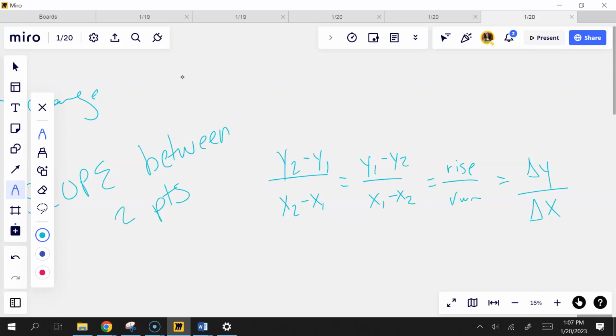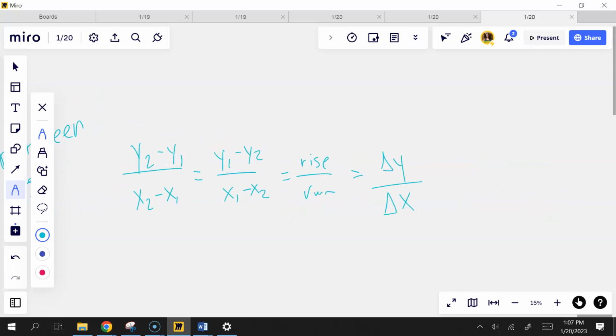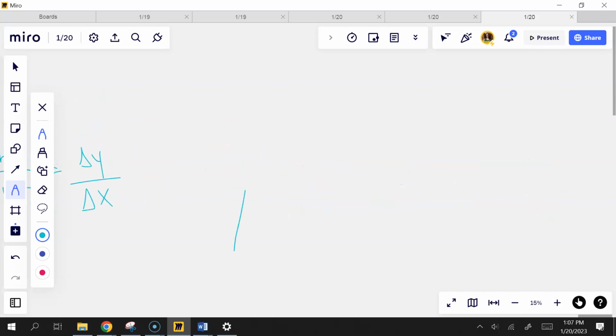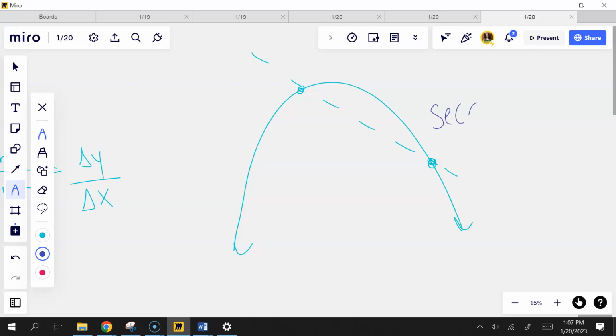So even though lines are the only things that have slope, every function has a rate of change, and you can find the rate of change between any 2 points, whether that's a line or even if I had a parabola, this is the one that looks like one on your sheet here. I can find the average rate of change between these 2 points. This is what we call a secant line. But look, this is just fancy words for things you guys already know how to do.